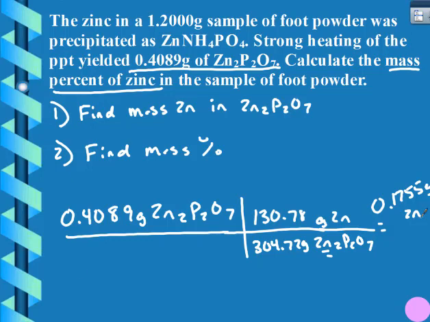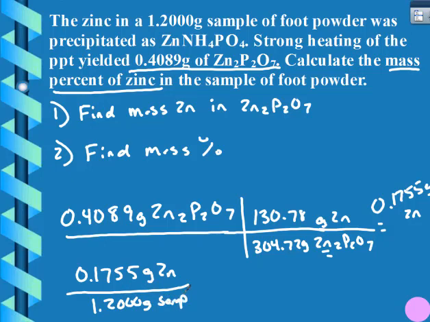So finally, for your mass percent, I put that over the sample times 100. So you should have gotten 14.63% of zinc.